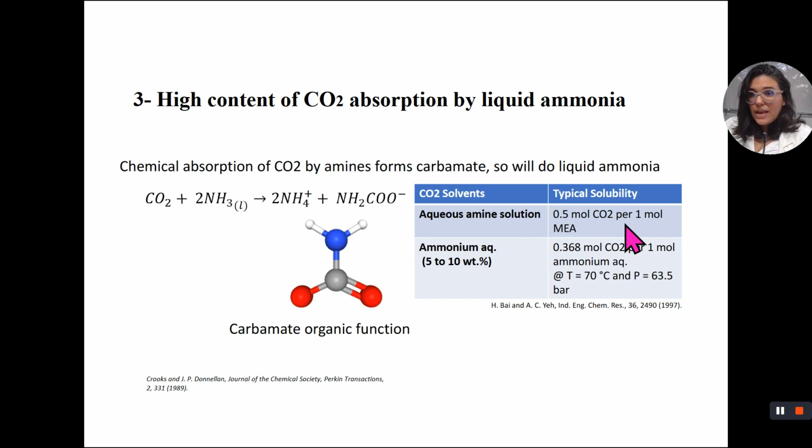The chemistry of this absorption is that carbon dioxide reacts with liquid ammonia, producing a new organic function called carbamate. That's the basic mechanism of carbon dioxide absorption by nitrogen-based electrolytes.